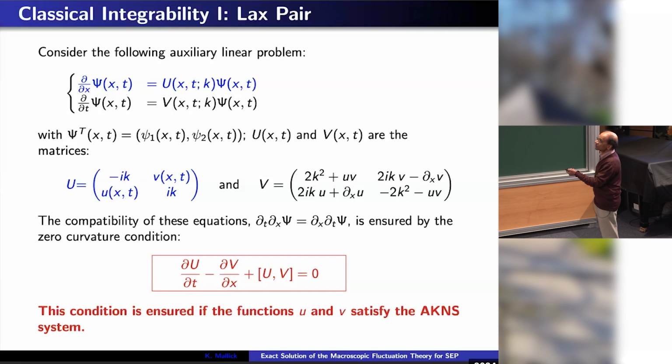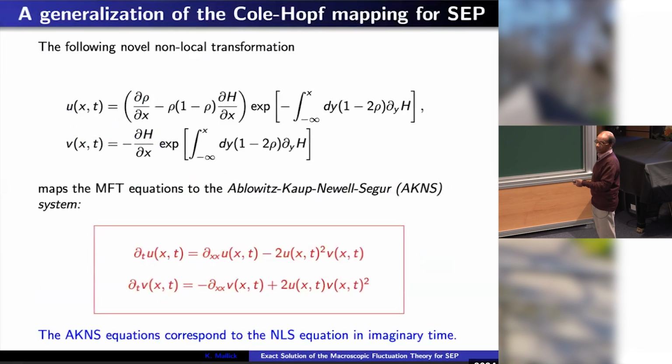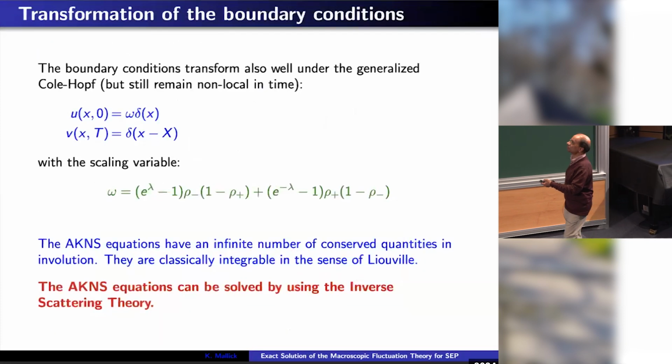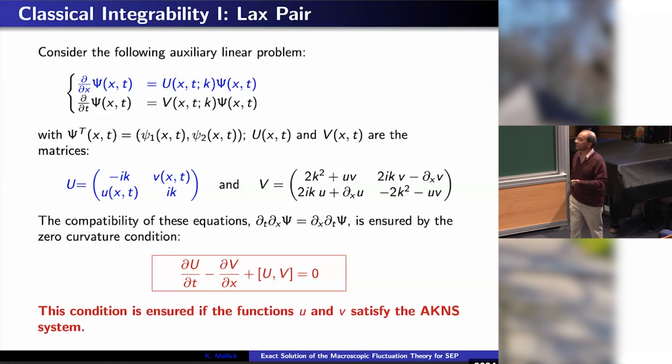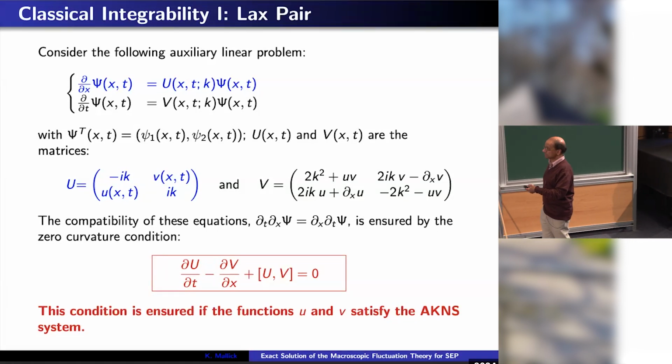If you spell it out, you do d/dt of this, d/dx of this, you compute the Lie bracket of this, you will find that this compatibility condition is exactly equivalent to the AKNS system here. So U and V form the so-called Lax pair for your AKNS equation system.